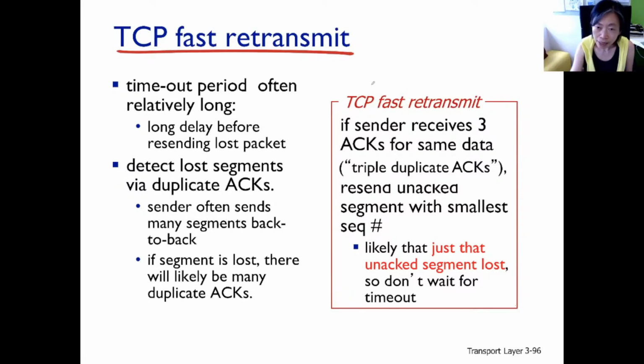So that is exactly what TCP fast retransmission is doing. When the sender receives multiple ACKs for the same data, to be more precise, it's triple duplicate ACKs, then we resend the unacked segment with the smallest sequence number, because this is very likely the lost packet there.